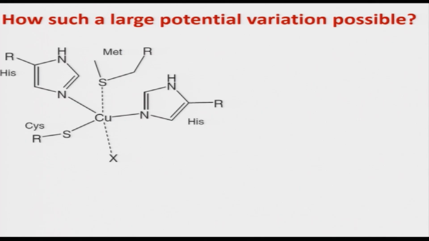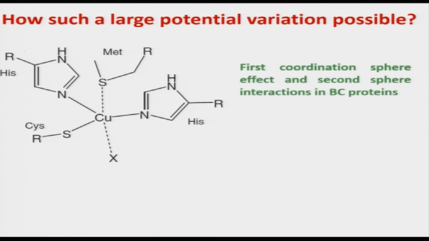This is the active site structure of blue copper protein. First, the coordination pair also affects, and it can change this redox potential along with the second pair interactions from the protein. Indeed, both are contributing towards such a large variation in redox potential value.